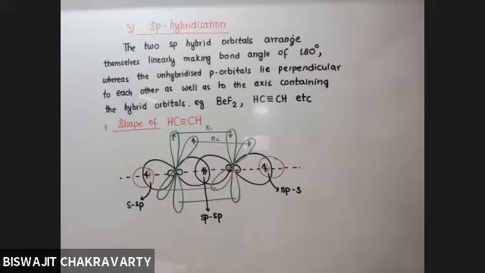Two of them are carbon-hydrogen sigma bonds. One of them is the carbon-carbon sigma bond. What is the nature of the carbon-hydrogen sigma bond? SSP or SPS, both are the same thing. And what is the nature of the carbon-carbon sigma bond? SPSP. Clear? Yes, sir. Okay.